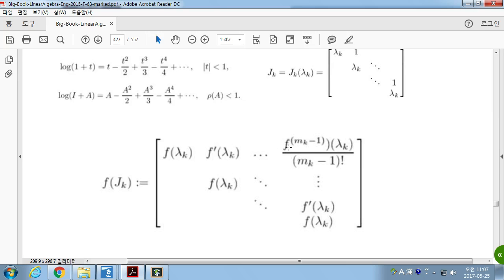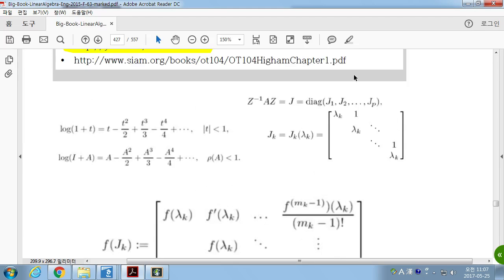If each term of this converges, then the existence of this matrix function is guaranteed. If this is guaranteed, then the power of this is defined. If the matrix power of this is defined, then the matrix power of A is defined, and then the matrix polynomial is defined.